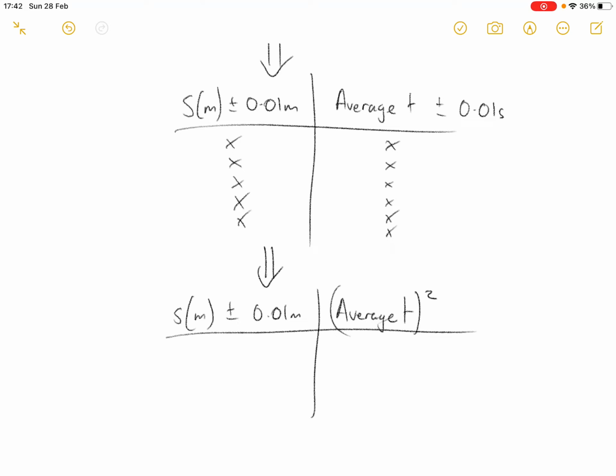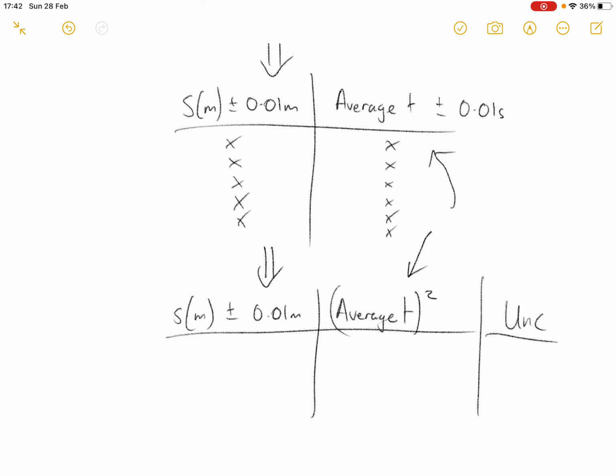So to get the uncertainty in time squared, I need to process that with the fractional uncertainty. So I'm going to leave the uncertainty in a blank column over here. The reason is that you're dealing with fractional uncertainties, which is taking the absolute uncertainty divided by the value itself. Because the value itself is changing all the time for time, you're going to end up with different uncertainties for each data point.